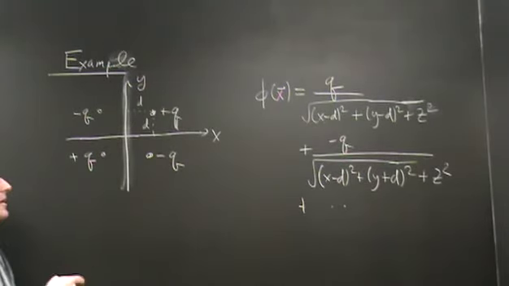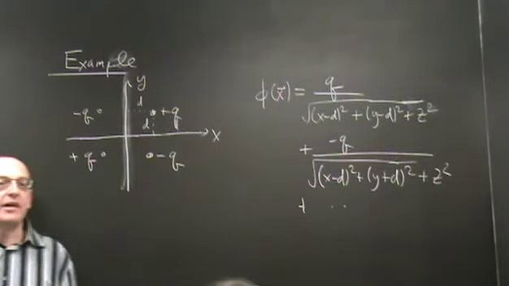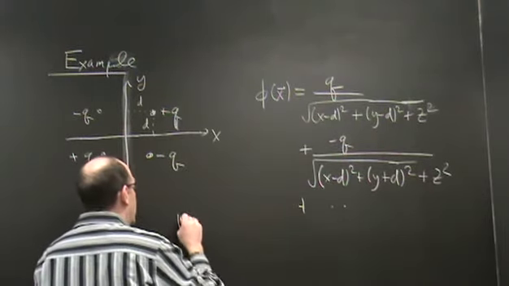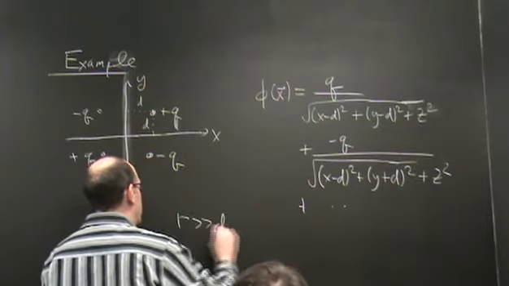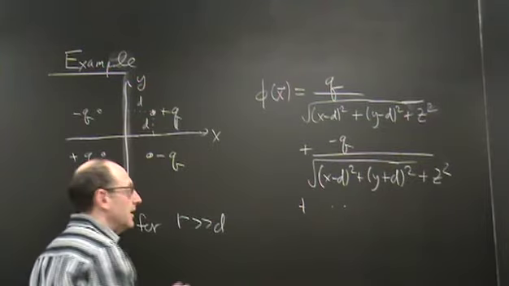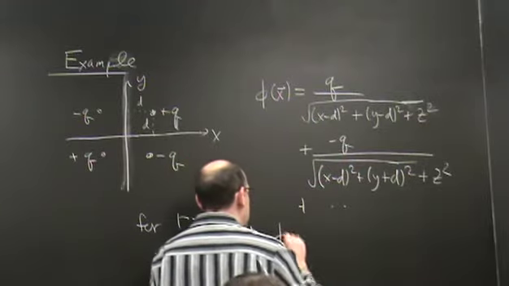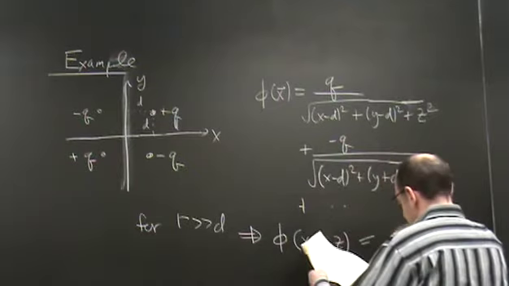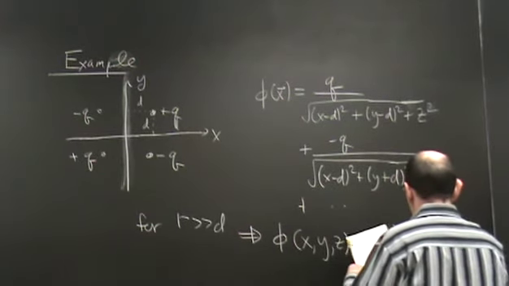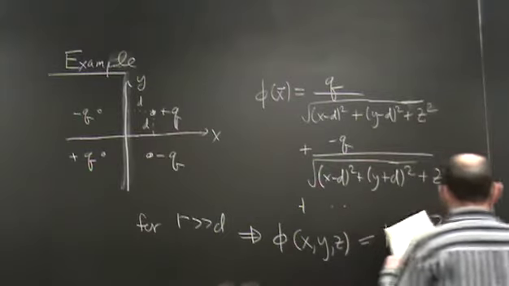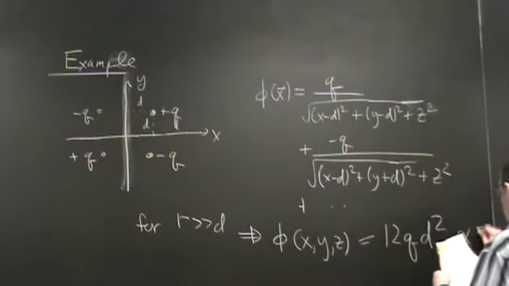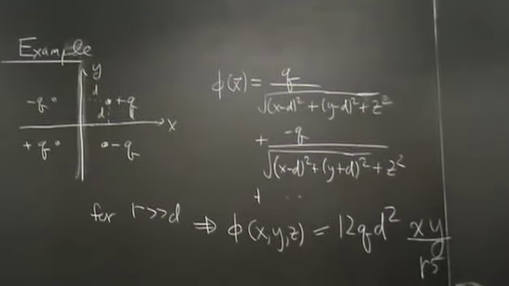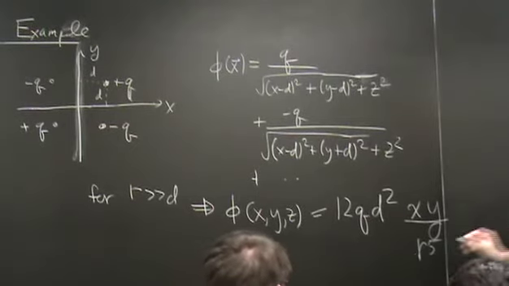And we can do the same Taylor expansion, which I won't bore you with, for r much, much bigger than d. What we find is that the potential as a function of x, y, and z is equal to q d squared times the x coordinate of observation times the y coordinate of observation over r to the fifth, plus dot, dot, dot.